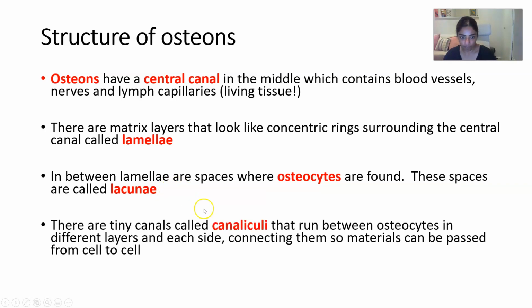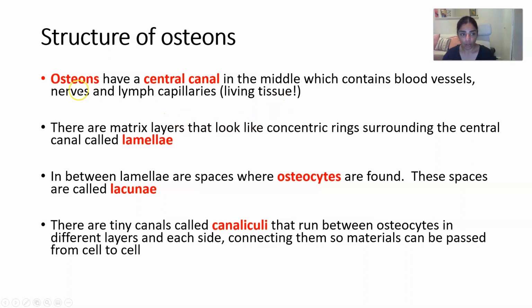Now, just to reiterate, an osteon is one functional unit. At the center of an osteon we have central canals, which contain blood vessels, nerves, and lymph capillaries. And these key structures tell us that osteons are living tissue.